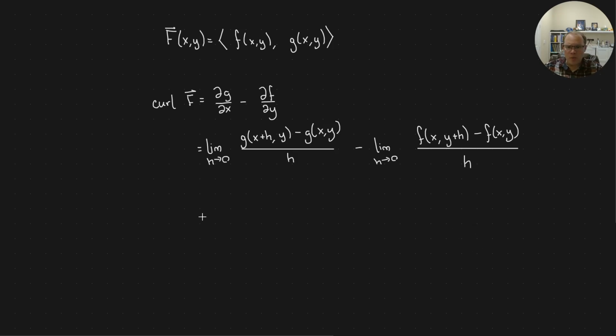Now, just as before when we were considering the divergence, it's going to be a little bit easier to think about this if I use that alternate form of the derivative.